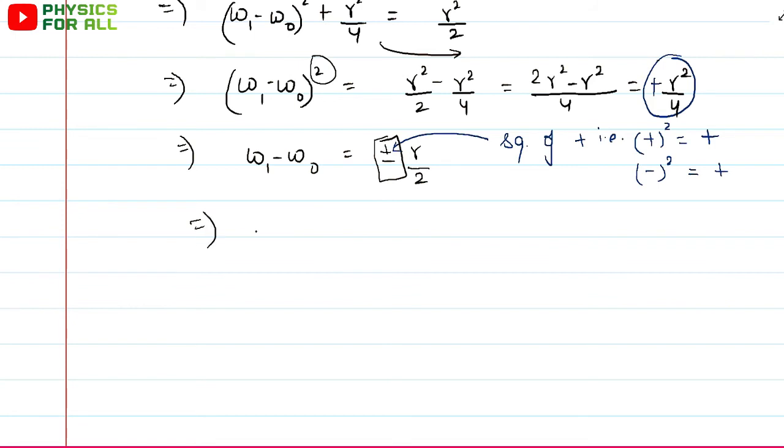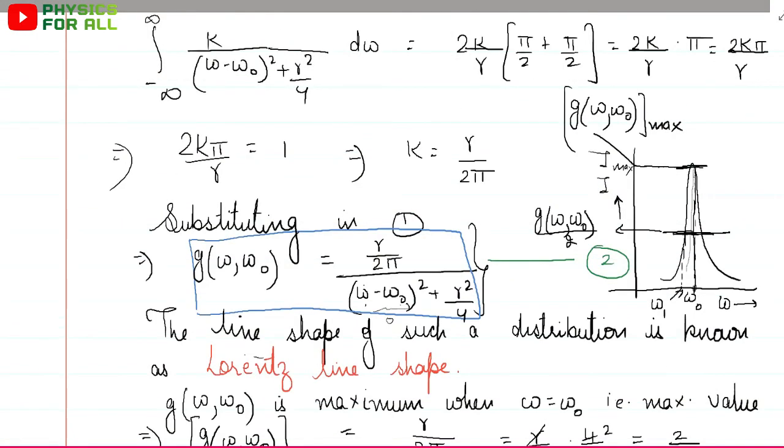What would be omega 1 now? Omega 1 is omega naught plus minus gamma by 2. Obviously this is giving us two values. So we say that we have got two frequencies. Now you can see here, I'm talking of the frequency omega 1 when intensity is half of the maximum value.